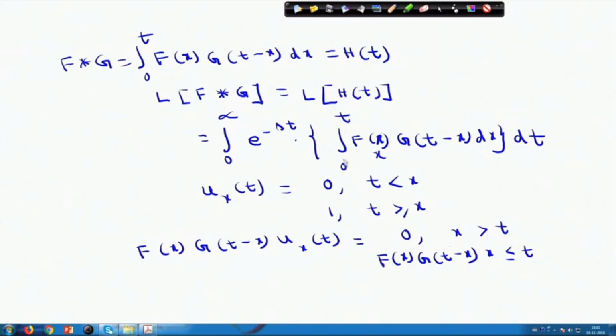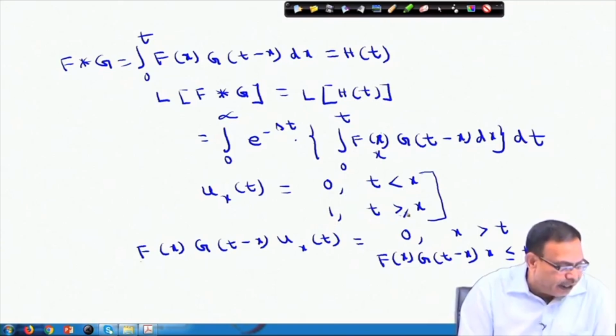The limit can be extended from 0 to infinity, because, please see this one, I am considering a new function. I have defined this function u(x, t), which is 0 for t less than x and 1 for t greater than or equal to x.